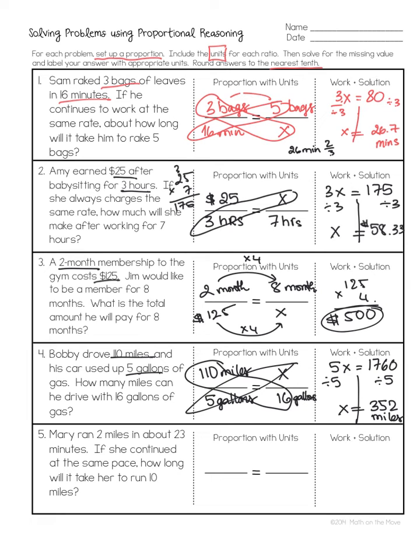Number 5. Mary ran 2 miles in about 23 minutes. If she continued at the same speed, how long will it take her to run 10 miles? So 2 miles for 23 minutes. If she continued at the same pace, 10 miles, how long to do 10 miles?